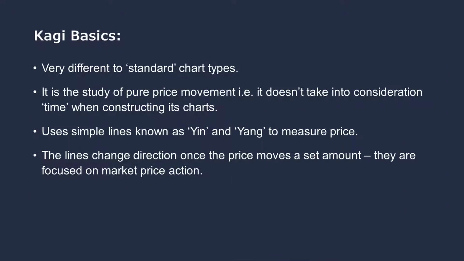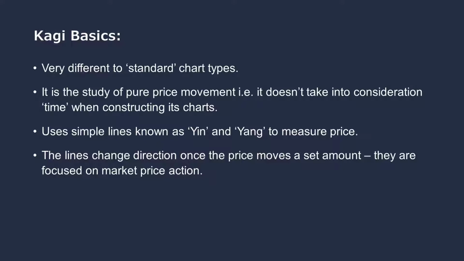Kagi charts are very different. It's the study of the pure price movement. If we take it back to its raw rules, then it only involves price movement. It doesn't have time. So when price moves, it creates a new variant of its line, and these lines are known as the Yin and Yang lines, and they measure the price, and the lines change direction once the price moves a set amount that you have created.